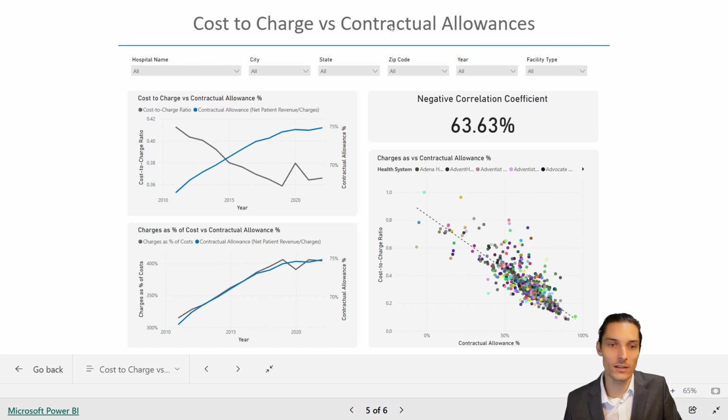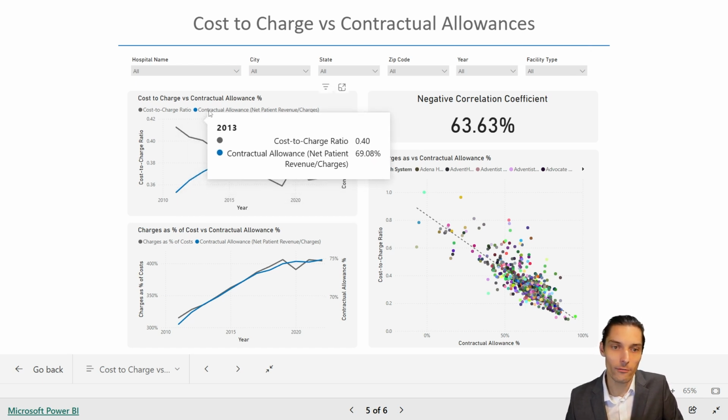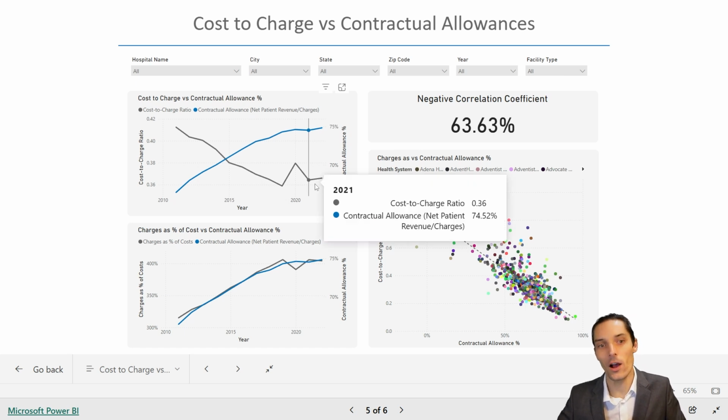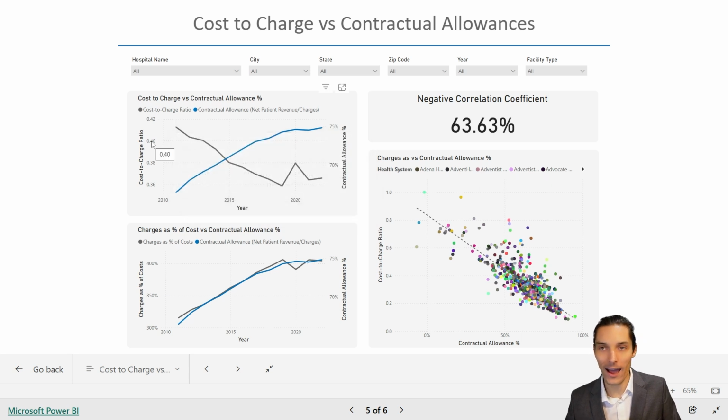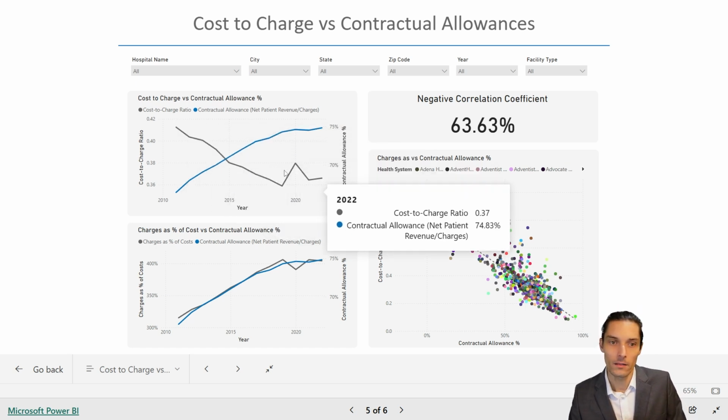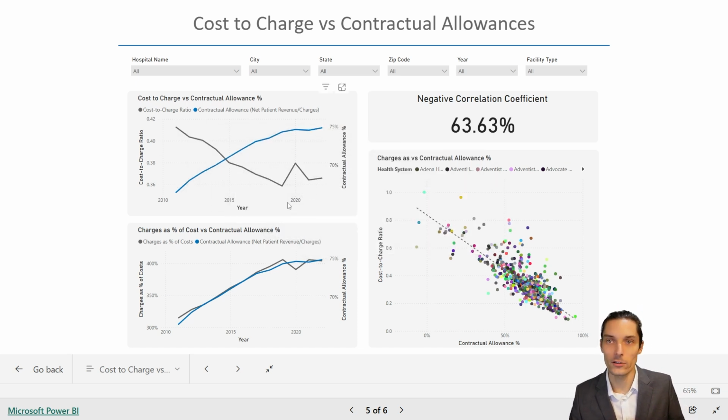One of the other things I found interesting is that you have a trend where cost to charge ratios over time are going down, meaning that the top line costs are higher than the charges over time. And so you have higher and higher costs, and then the charges that are provided are less and less. This cost to charge ratio means that if you have greater charges than costs, then your cost to charge ratio is going to go down.